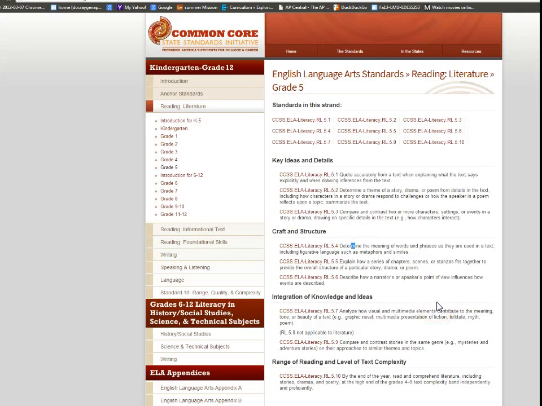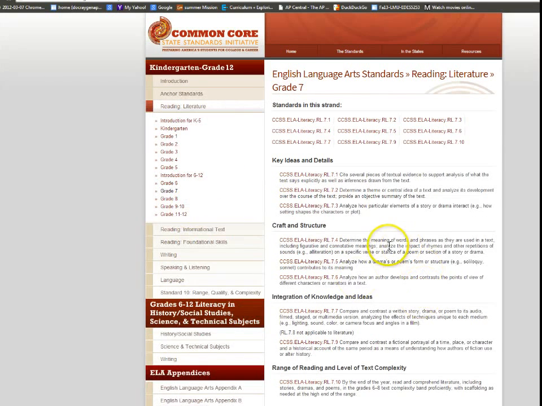Determine the meaning of words and phrases as they are used in a text, including figurative language such as metaphors and similes. Go to grade 7. Standard 4. Determine the meaning of words and phrases as they are used in a text, including figurative and connotative meanings. Analyze the impact of rhymes and other repetitions of sounds. For example, alliteration on specific verse or stanza of a poem or section of a story or drama.